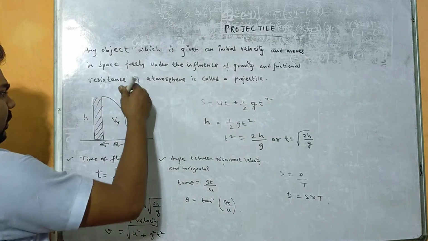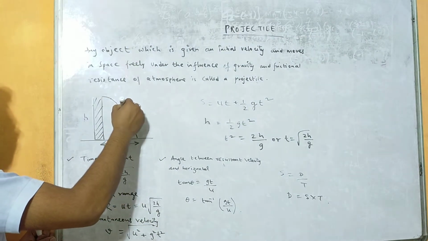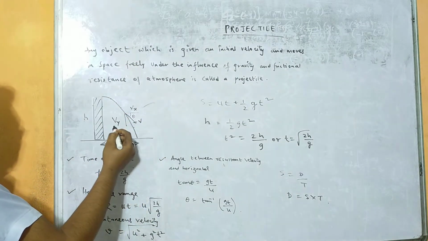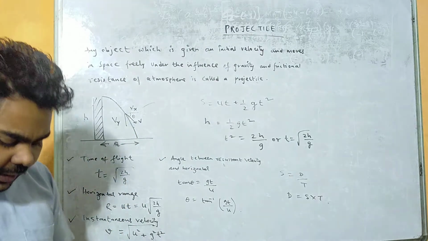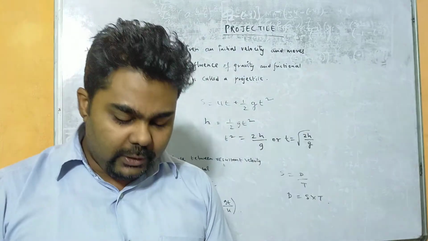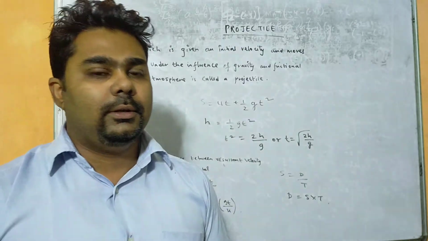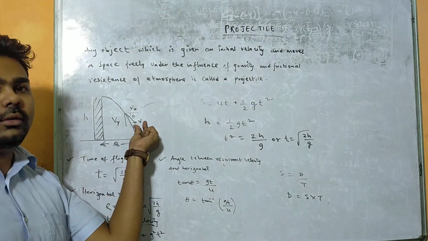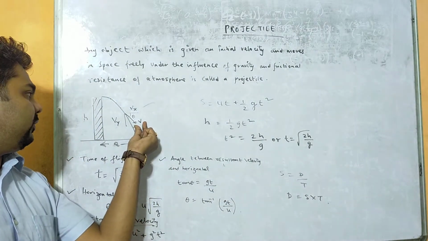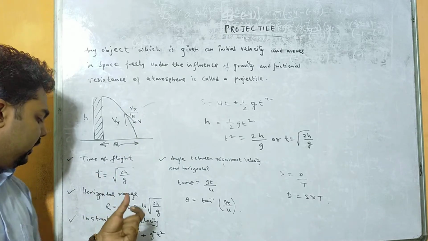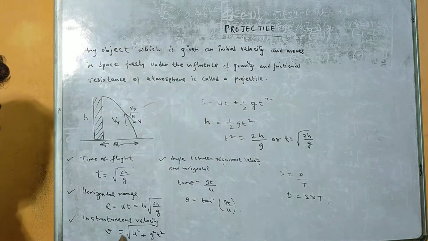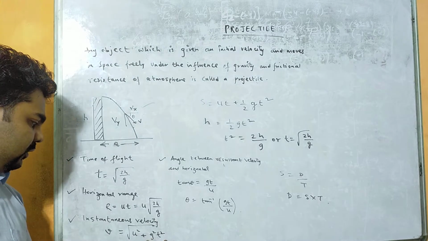Similarly, you see, at this point it has horizontal velocity, it has vertical velocity. That means there will be a net velocity by which the object will strike the ground, that is V. V is the resultant velocity with which an object is striking the ground. That V is given by root under u square plus g square t square.